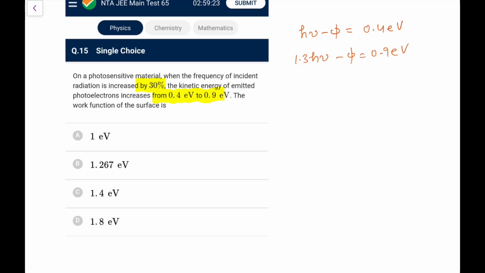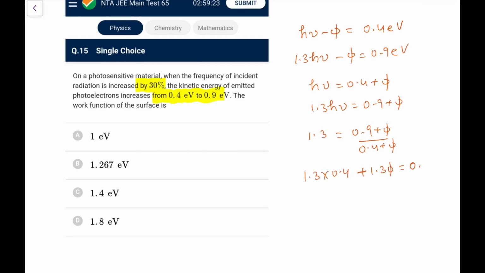From the above one, h nu is 0.4 plus phi, and 1.3 h nu is equal to 0.9 plus phi. So divide them: 1.3 would be 0.9 plus phi upon 0.4 plus phi. So what you get, 1.3 into 0.4 plus 1.3 phi is equal to 0.9 plus phi.